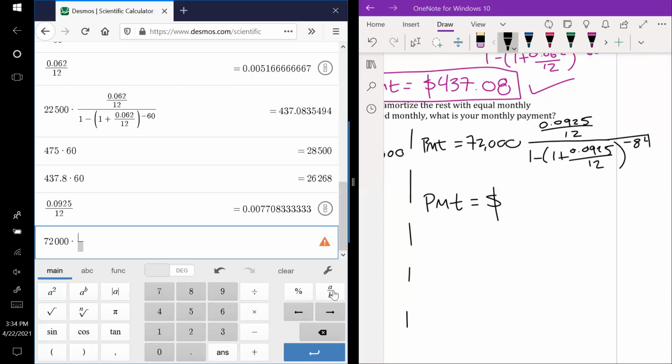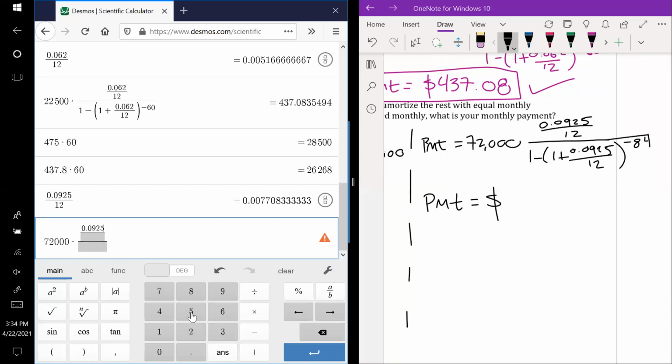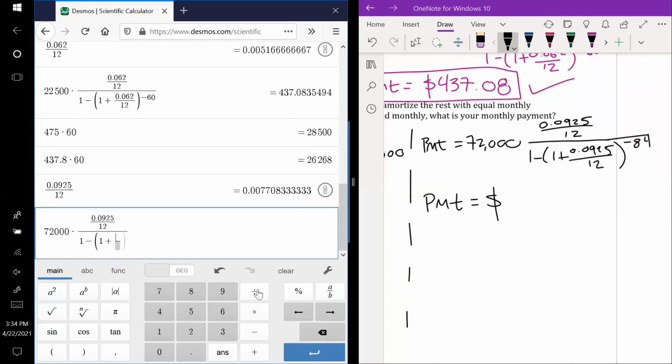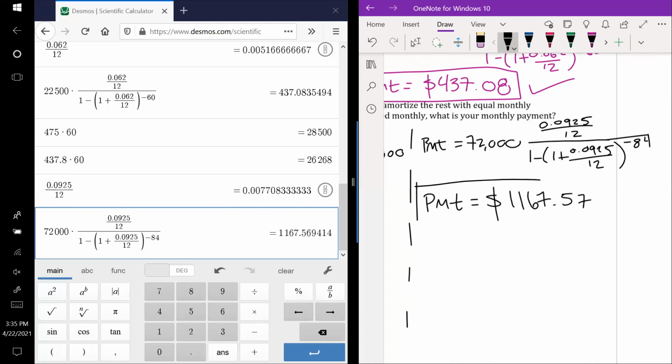And the payment for our time machine is going to be $1,167.57. Okay. Time machines are expensive.